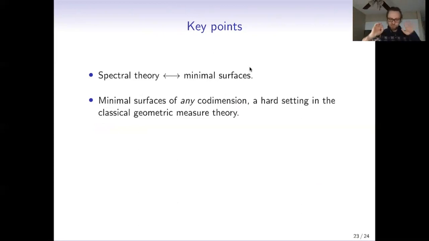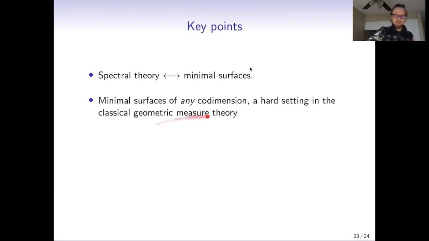There are some works for codimension 2, where it can also be made to work, but maybe not as well as for codimension 1. The main difference here is that we're actually talking about minimal surfaces of any codimension, minimal surfaces in spheres of any codimension.